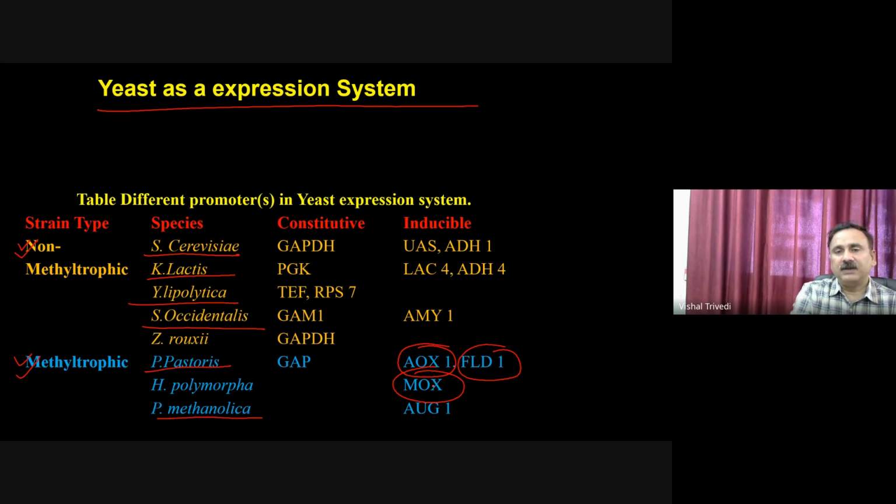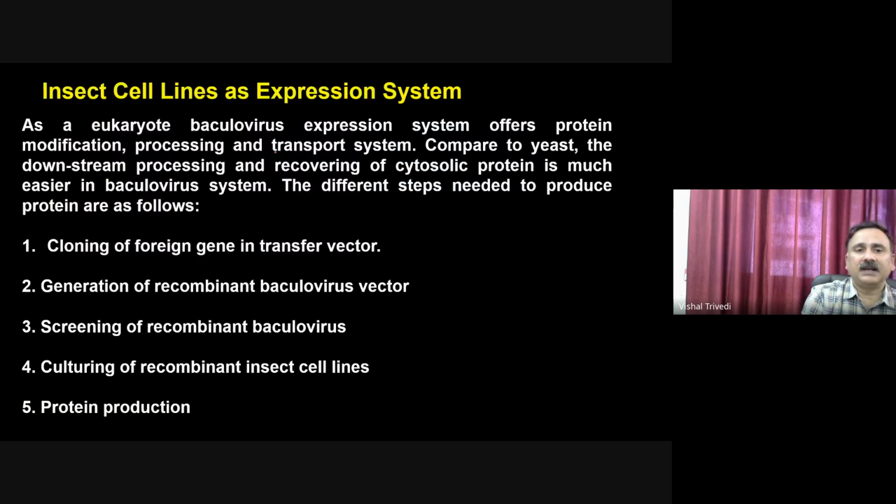Now, some of the problems associated with yeast as the host strain can be solved even before going into the complicated system of the mammalian system, and that is offered by the insect cell lines. Insect cell lines offer an expression system, the baculovirus expression system, which offers protein modifications, processing and transport, which is not offered completely by yeast, because yeast is a unicellular organism.